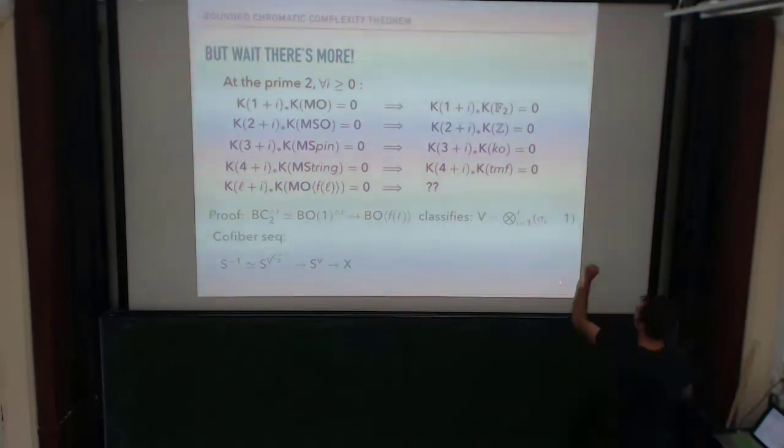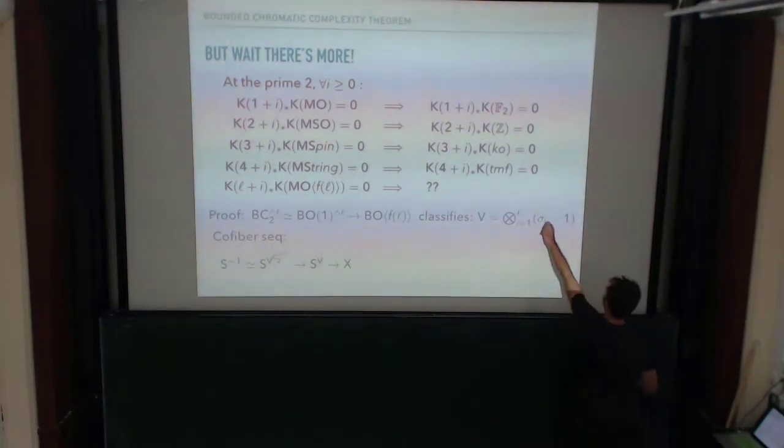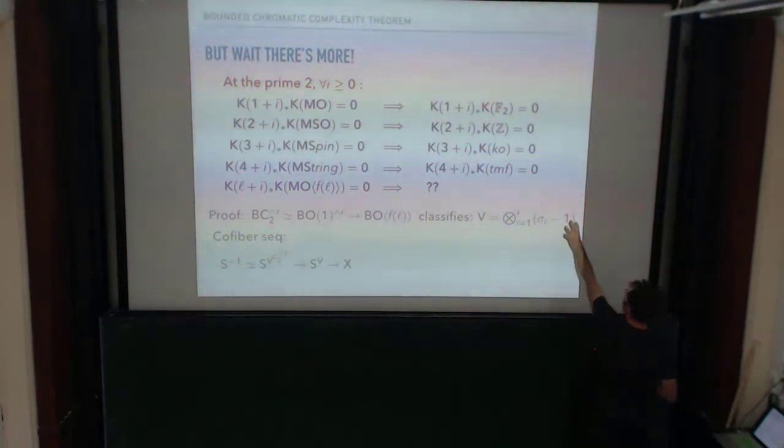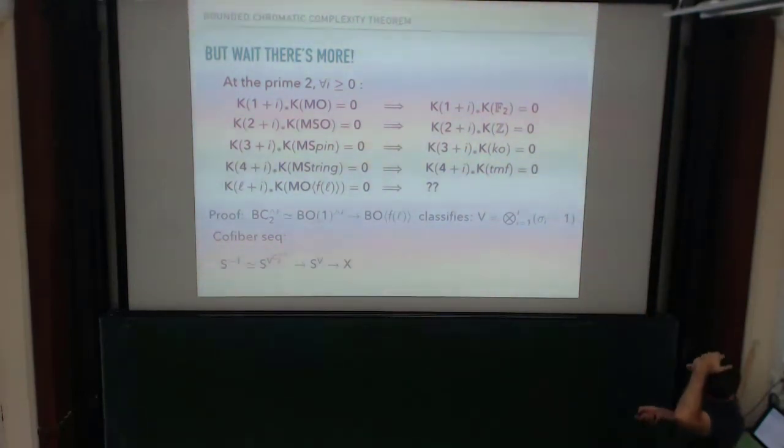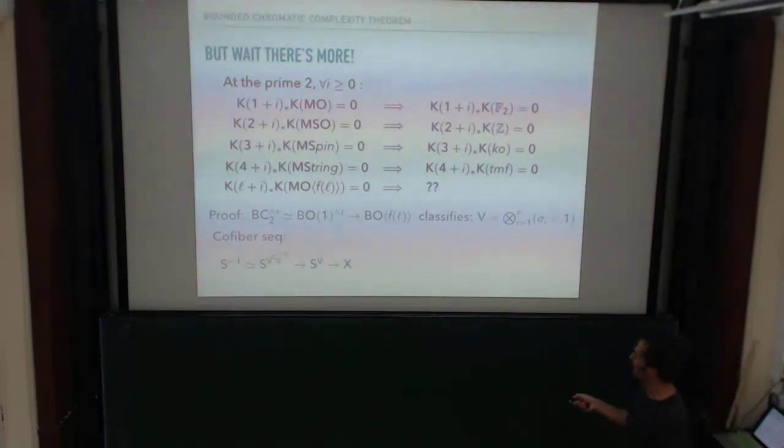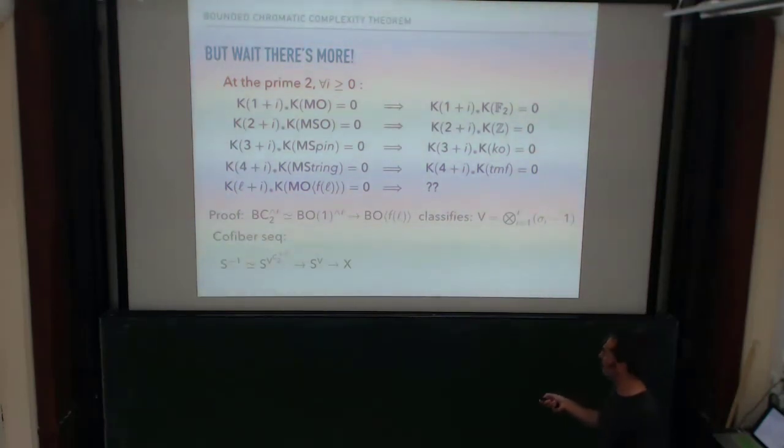If you look at the fixed points under this whole group, these are not fixed, so you're just getting this minus 1 part tensored together. So you get a cofiber sequence. This cofiber now has proper isotropy because I've collapsed out the fixed part.